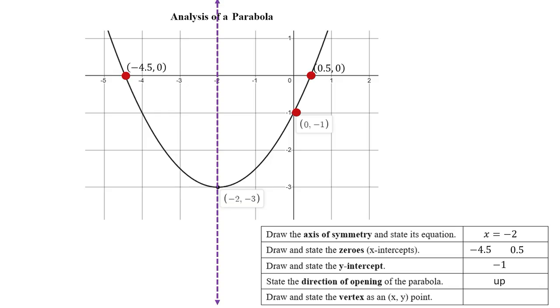The direction of the opening of the parabola is up. And the vertex is negative 2, negative 3. We can see that just by looking at the graph. We see the point at which it starts changing direction and heading the other direction, and it does that at negative 2, negative 3.